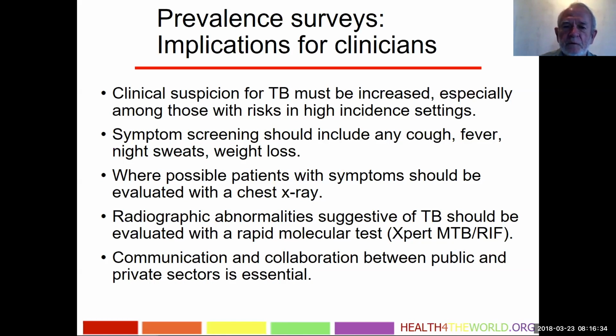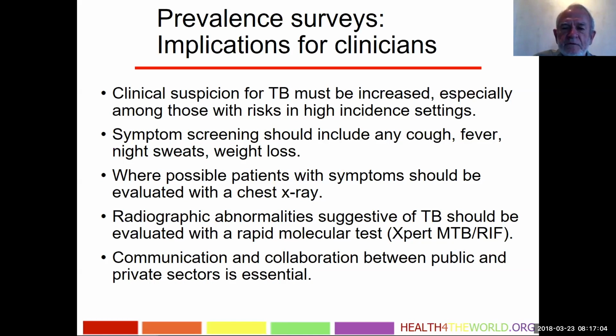Where possible, where the facilities exist, patients with symptoms should be evaluated with a chest X-ray, and any radiographic abnormalities that are suggestive of TB should ideally be evaluated with a rapid molecular test. And I think there is strong evidence that deployment of rapid molecular testing is a very important intervention to improve global tuberculosis control.